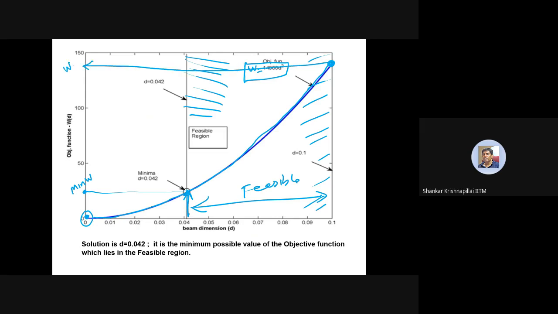The minimum value of weight is obtained for D equal to 0.04, and the maximum value of weight is obtained at D equal to 0.1. So this is how you do graphical optimization with a single variable.